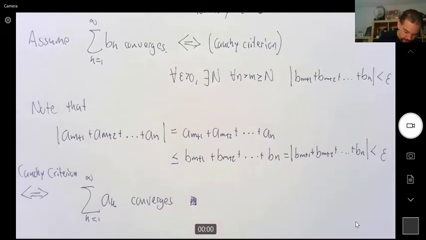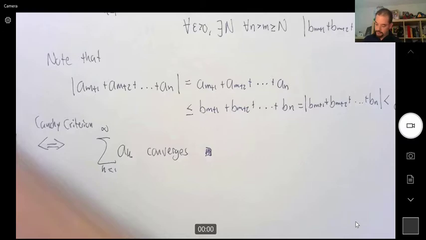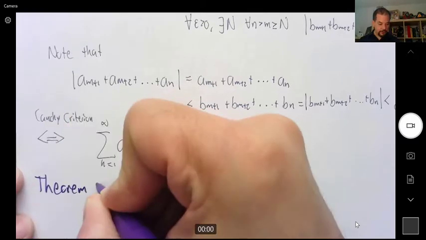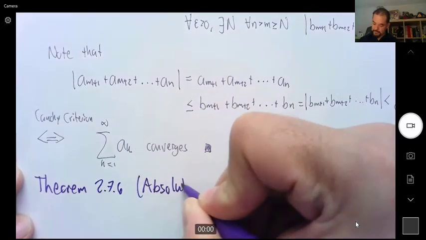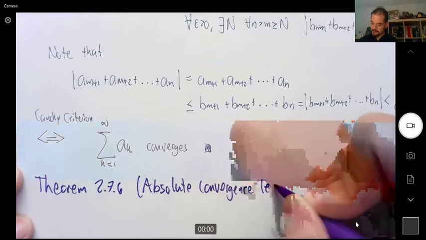Okay. The next one is also one that we know, 2.7.6, and it's called the absolute convergence test. You may remember that from your calculus days as well. So let's write it here. Theorem 2.7.6, the absolute convergence test.